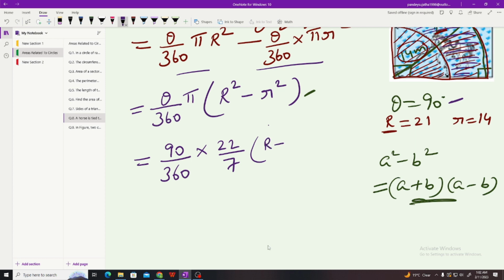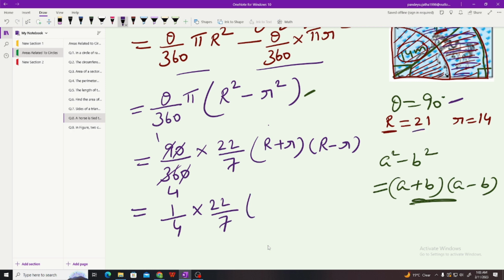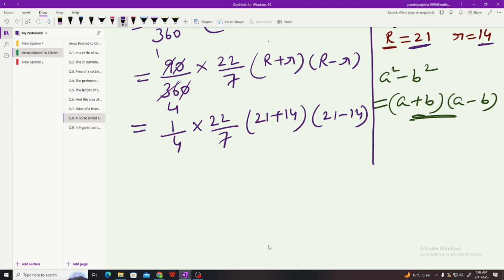So it is R plus r into R minus r. Cancel this. So it is 1 upon 4 into 22 upon 7, and capital R is 21 plus small r is 14, into 21 minus 14. Cancel this.